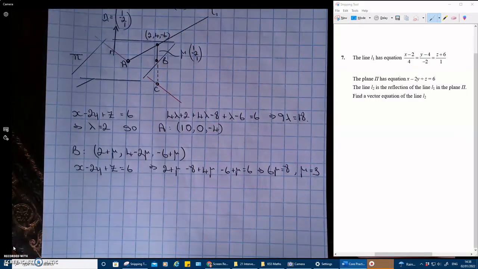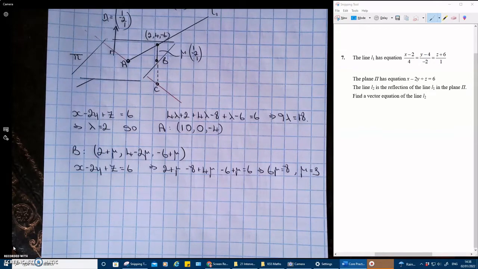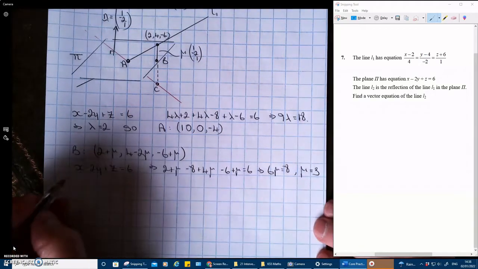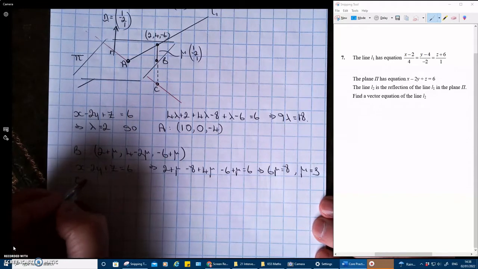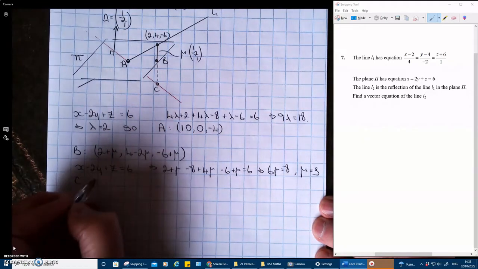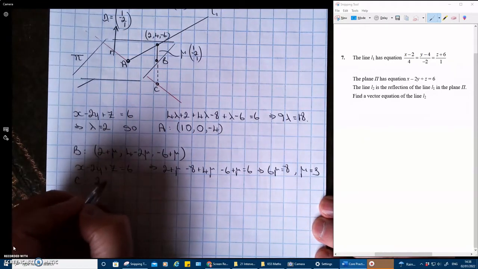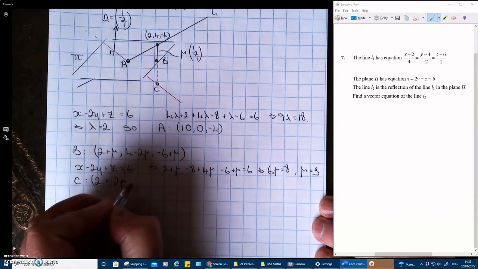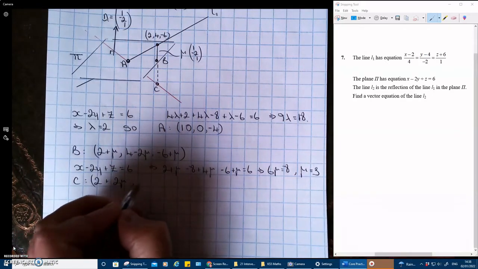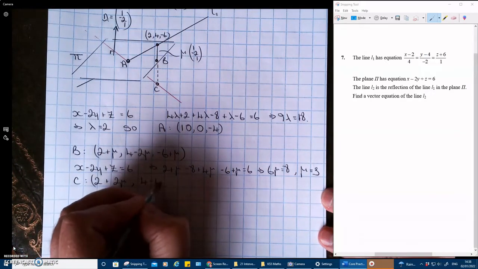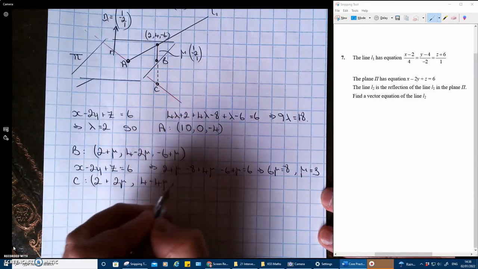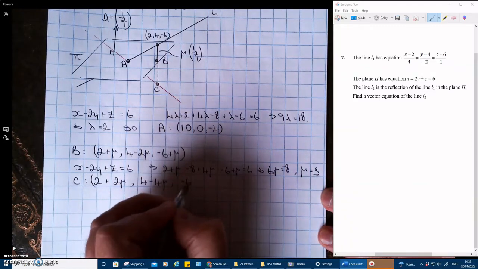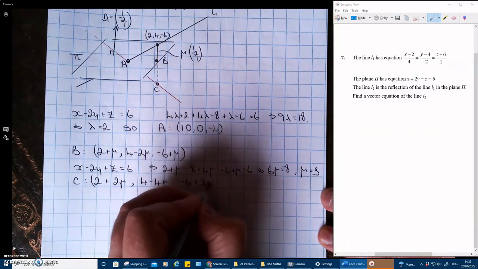So now I could work out point B. I don't really need point B, right? I actually need point C. So I'm going to find point C is 2 plus double, so 2 mu, and the 4 take away 4 mu, and minus 6 plus 2 mu.